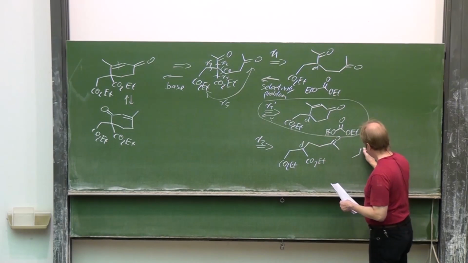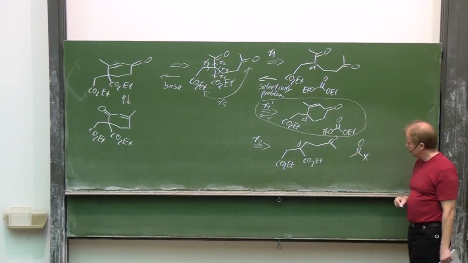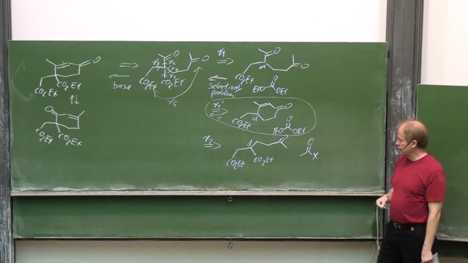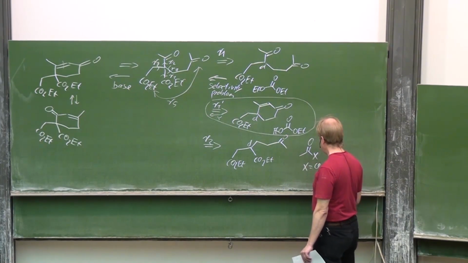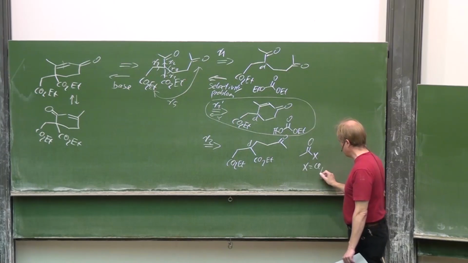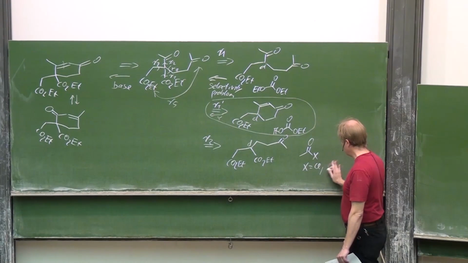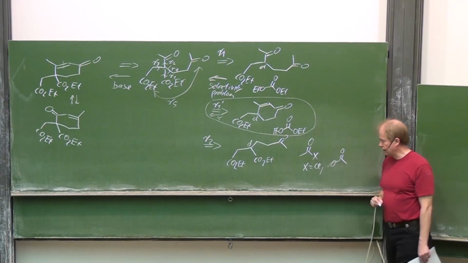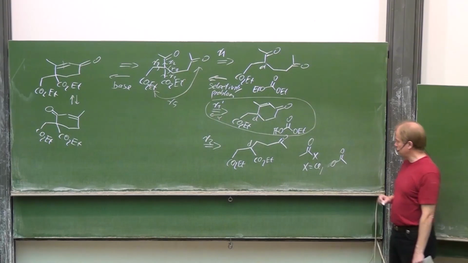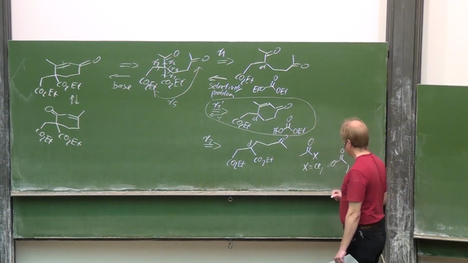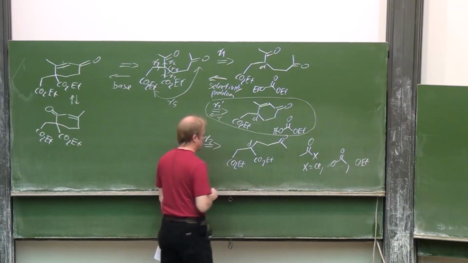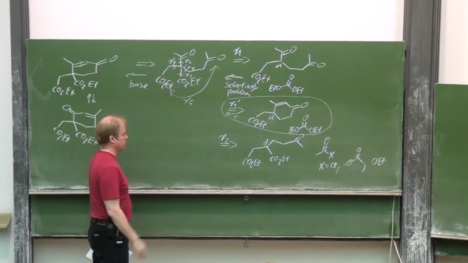Well, it's an acylation, and the leaving group here, X, might be a chloride, so acetyl chloride, or it could be an acetate itself. That means we could try to apply the anhydride, or maybe just an ester will have sufficient reactivity in terms of ester condensation.